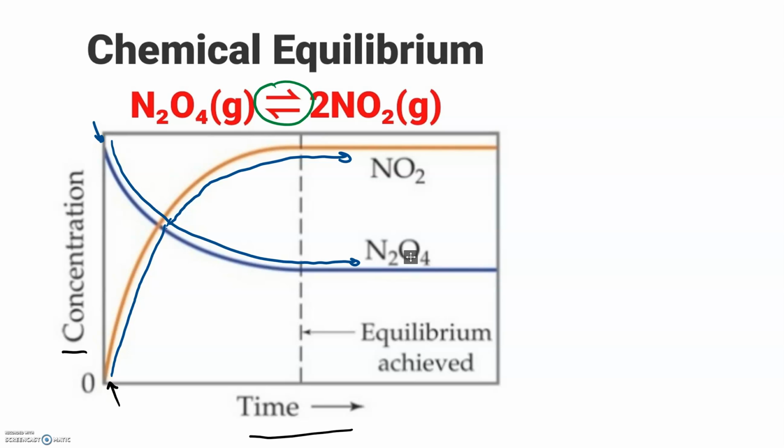So if we were looking at this graph and we were saying, okay, well, that's 0 and that's 1 and that's 2, at equilibrium, the concentration of NO2, which we'll put in brackets, is roughly twice that of the concentration of N2O4. And this is basically what equilibrium is.